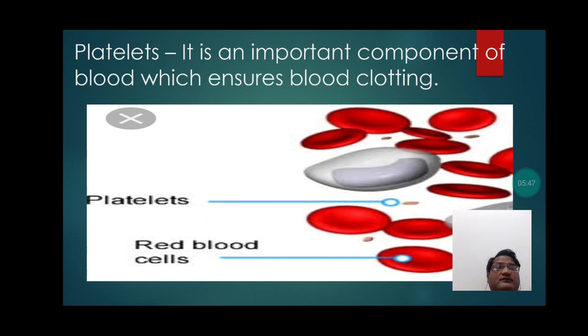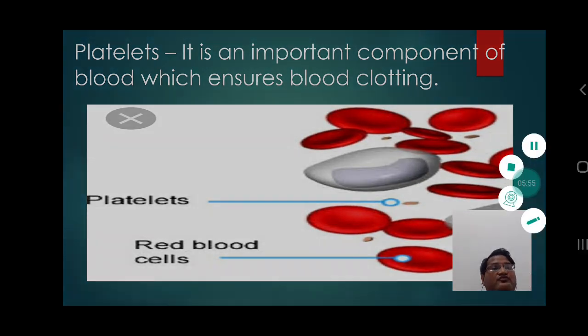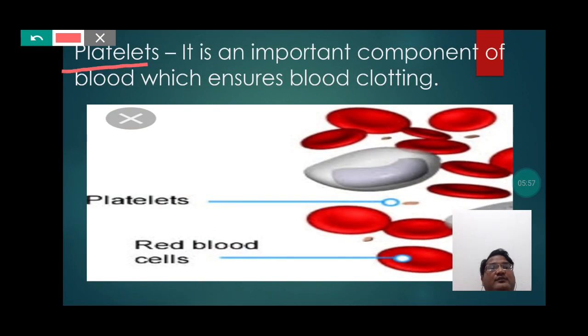Platelets are an important component of blood which ensures blood clotting. So students, the most important function of the platelet is that it ensures blood clotting.